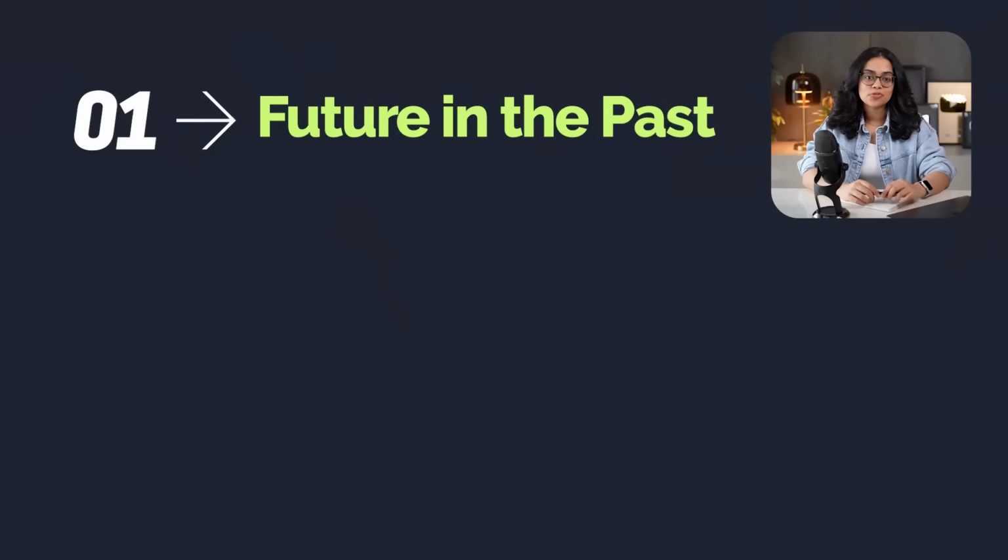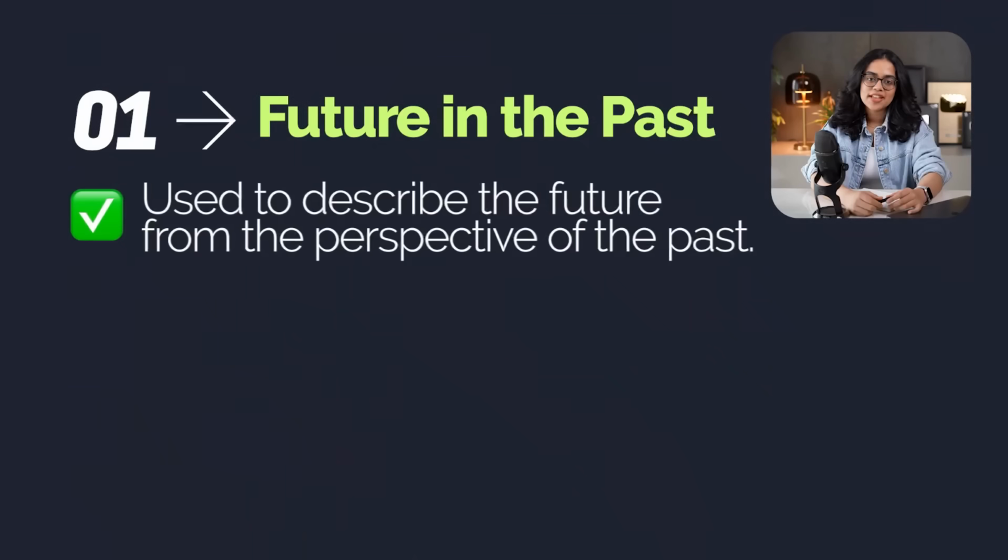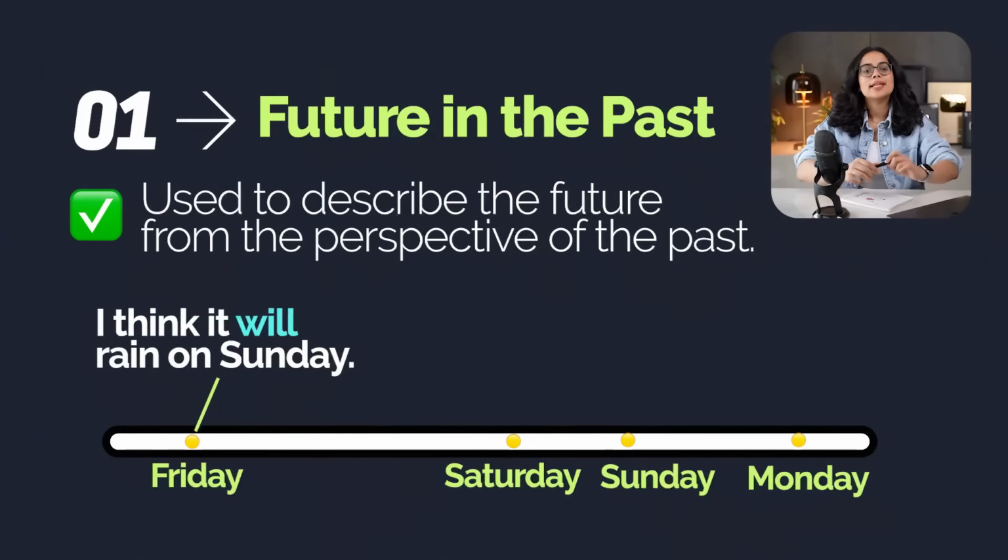The first and the most important use of would is to talk about future in the past. Sounds interesting, right? Now, would is used to describe the future from the perspective of the past. Confused? Let me explain. Take a look at this sentence. I think it will rain on Sunday. Now, imagine you're talking on Friday, that is in the past.